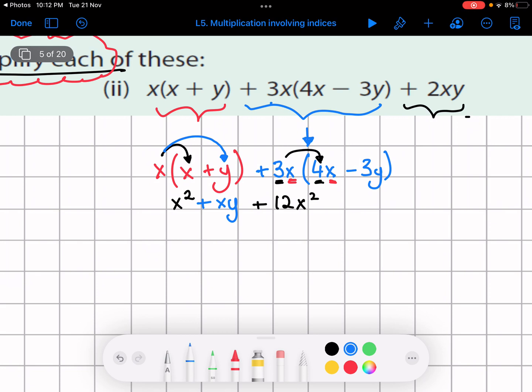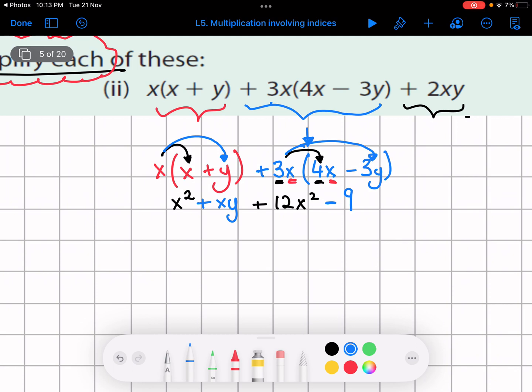Then we multiply the plus 3x by the minus 3y. So plus 3 multiplied by minus 3, we have a plus and a minus. That will give us minus 9.